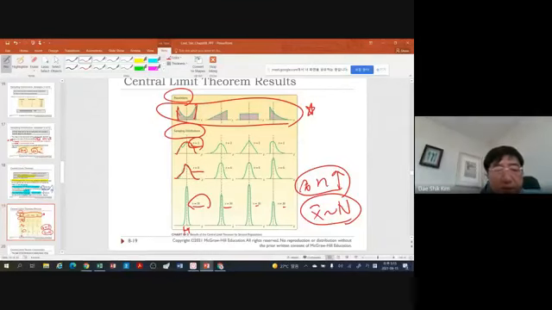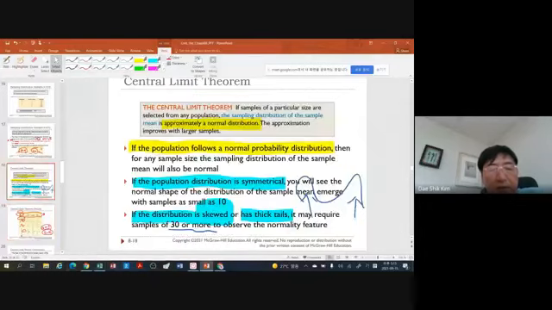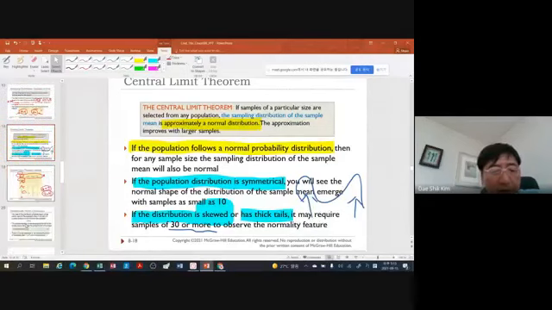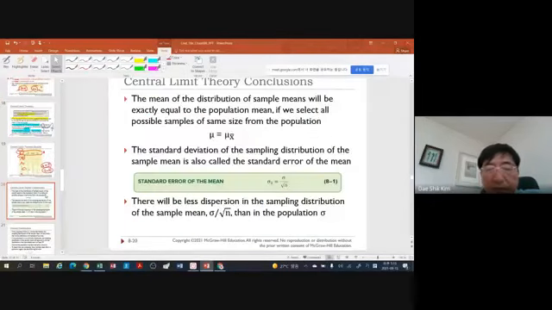So the central limit theorem says that whatever probability distribution x follows, the sample mean will follow a normal distribution. But if the population is normal, then a small sample size is enough. If the population is not normally distributed, skewed, or thick-tailed, then a larger sample size is needed.